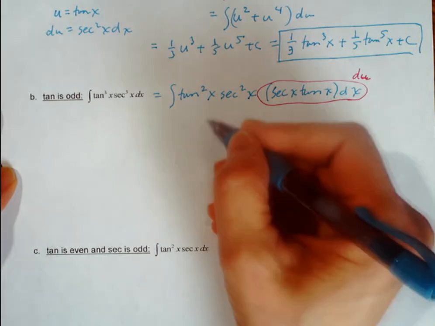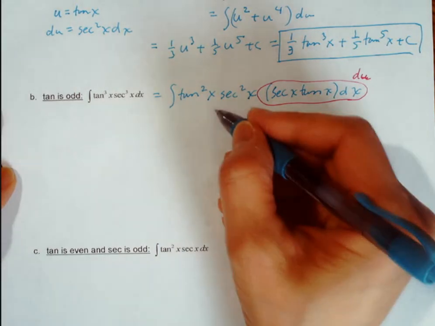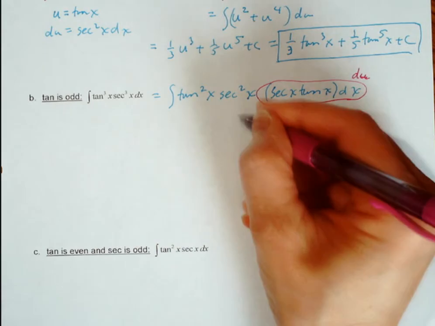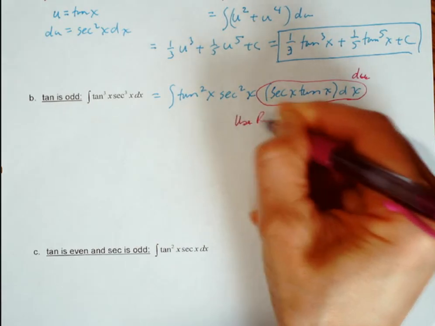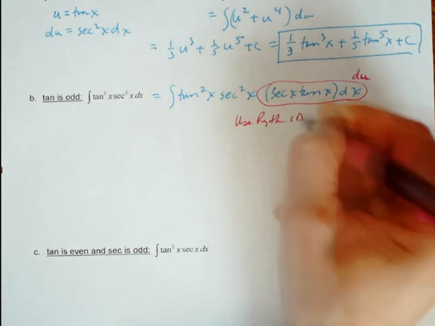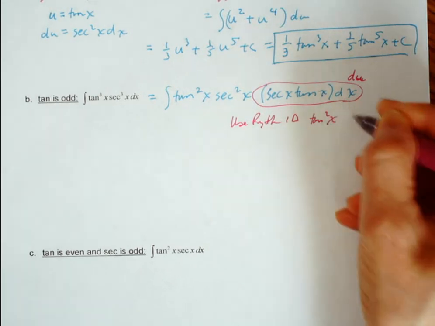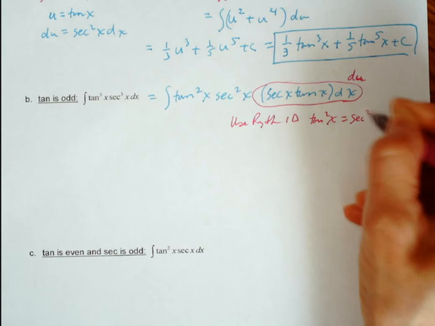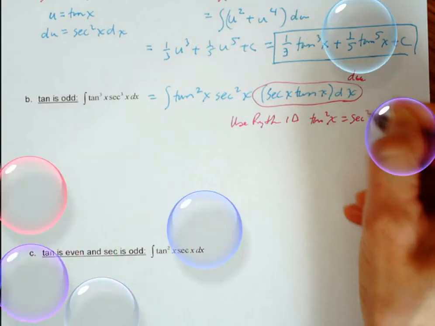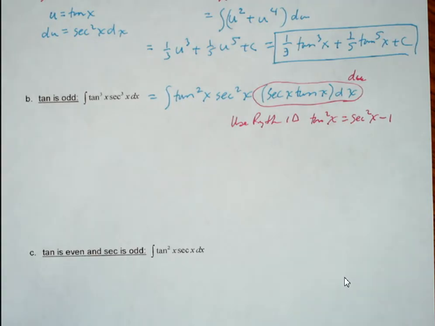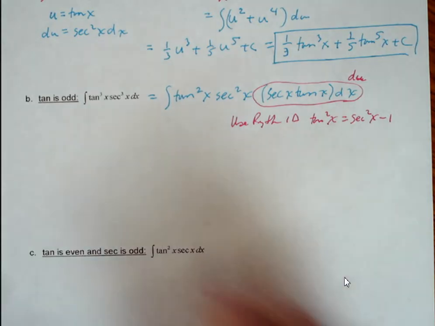Then I'll use the Pythagorean identity again, and this time it is tangent squared x is equal to secant squared x minus 1. Sorry for those bubbles coming up.